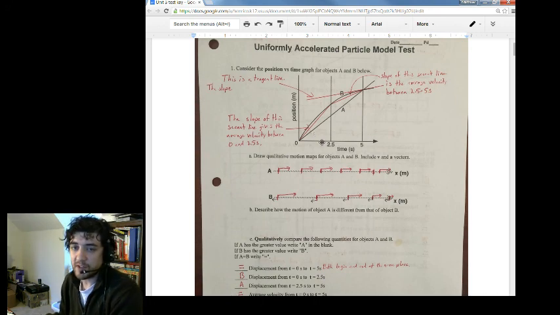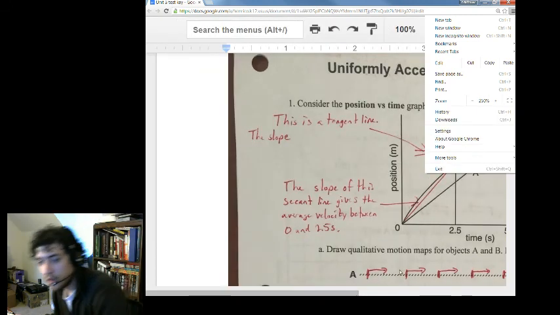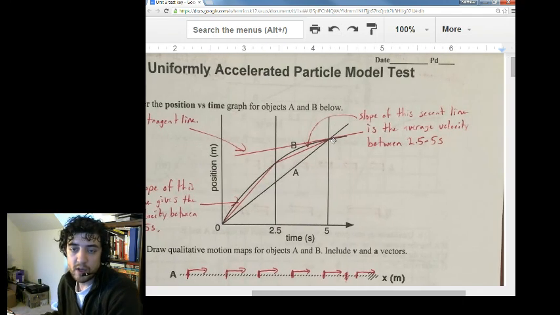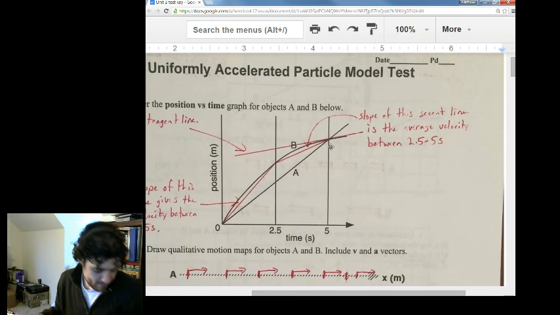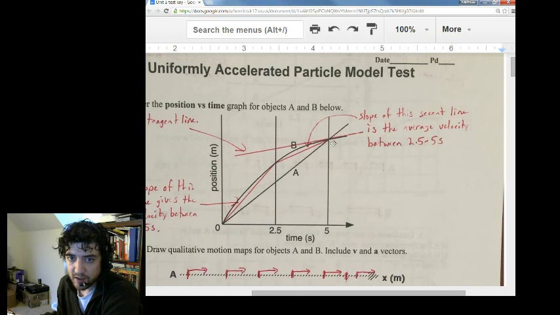The second slope of interest is the slope of a tangent line. I've also drawn one of those right here. You'll notice if you look carefully, which I'm going to have to zoom in a little bit farther, that this red line I've drawn here just kisses off of the B curve right there at 5 seconds.